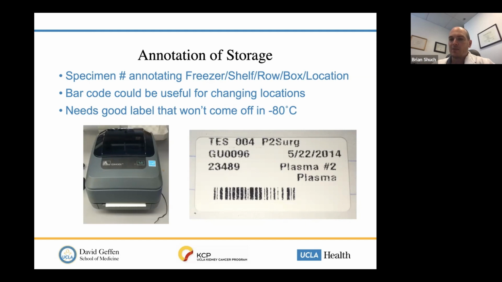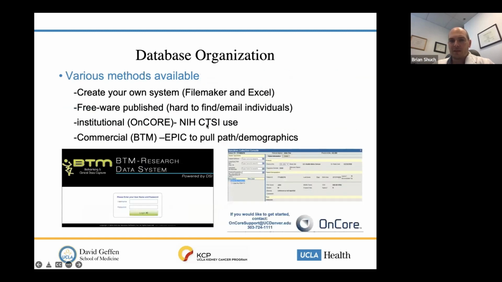A lot of them will say like shelf 6, row 5, but then later on, if you take it out and want to put it back, maybe you deaccessioned it, or let's say it falls on the floor, potentially that barcode system is, I would say, useful. The organization, you can create your own. There's also freeware that's published.